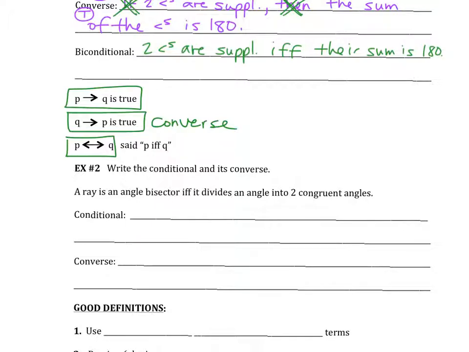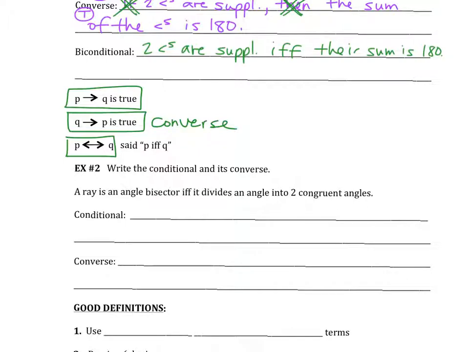All right, so the reverse of that is also true. If you have a biconditional, if you have an if and only if statement, you can turn that into a conditional and a converse that are both true. So it's kind of the reverse of what we just did on the first problem. This one says a ray is an angle bisector if and only if it divides an angle into 2 congruent angles.